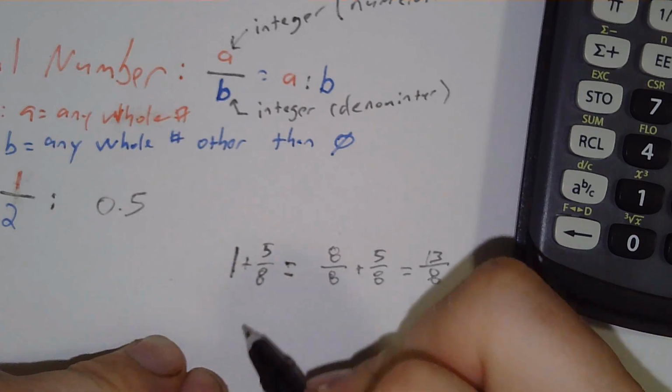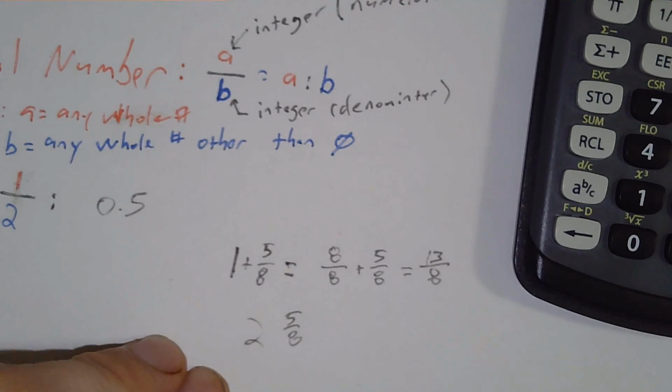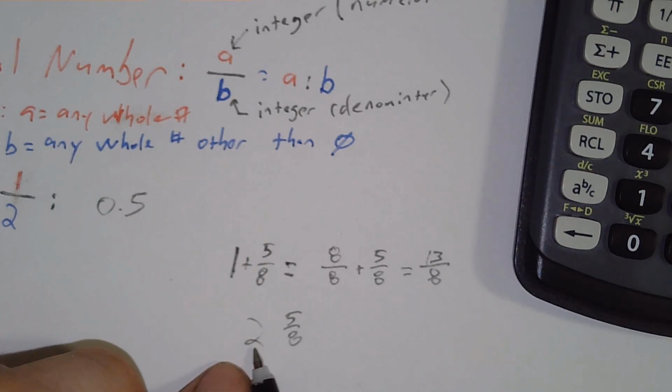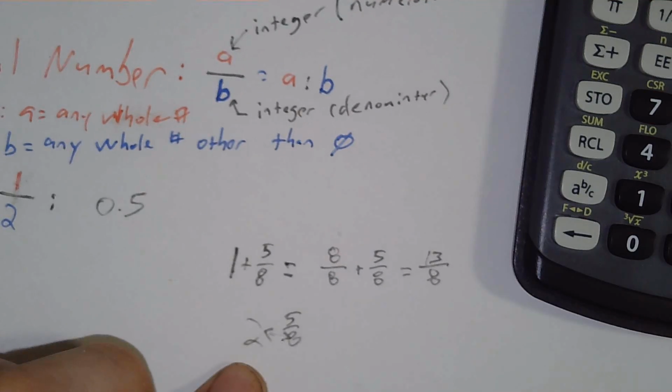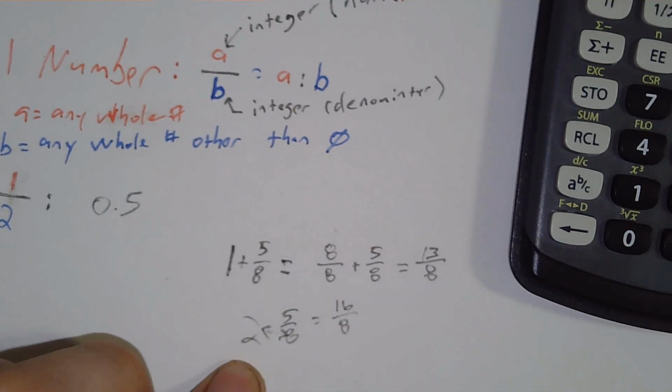Okay, say it was 2 and 5/8, right? Well, 2 times 8 is 16, right? So 2 times 8 is 16 eighths. 16 divided by 8 is 2.